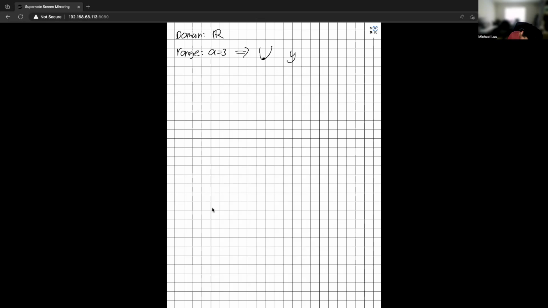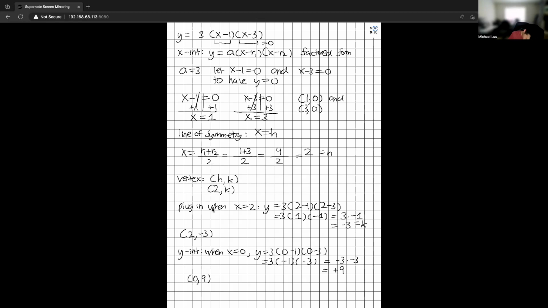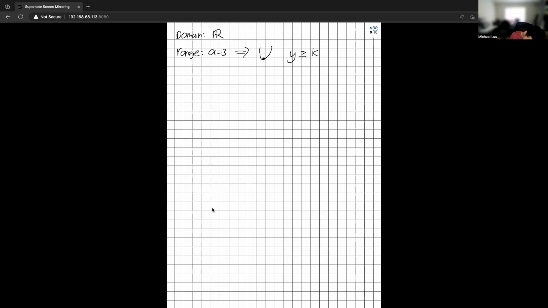So my range should be greater than or equal to, since a is greater than 0. So my range is going to be y is greater than or equal to k. How do I find k? Well, I already found it, right? Because I said that k is equal to -3. So my answer for my range is y is greater than or equal to -3.